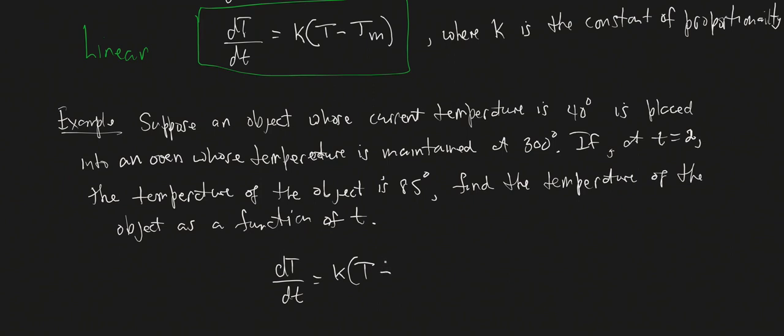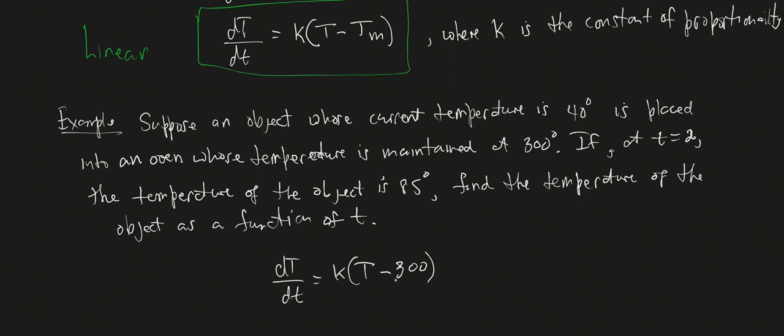And then minus, but let's see, since the object is being placed in an oven where the temperature is set at 300 degrees, that's going to be the temperature of the surrounding medium. So we got 300 there, all right? So that's the differential equation.